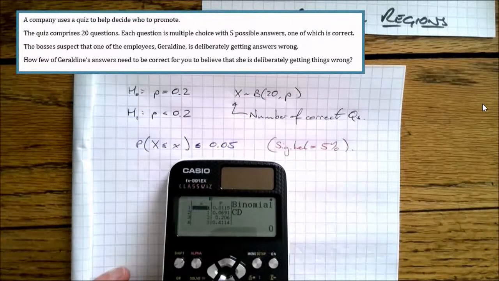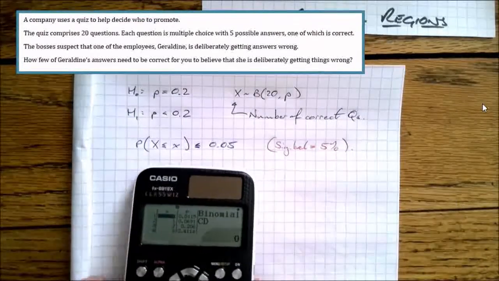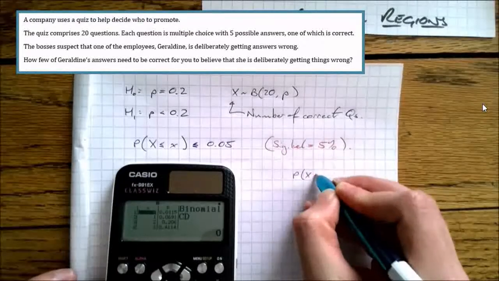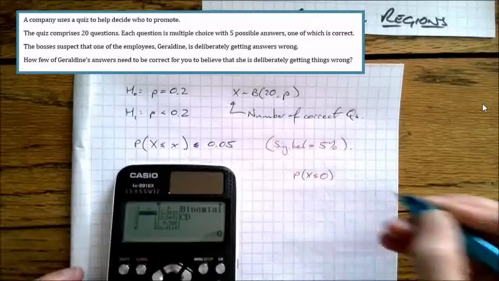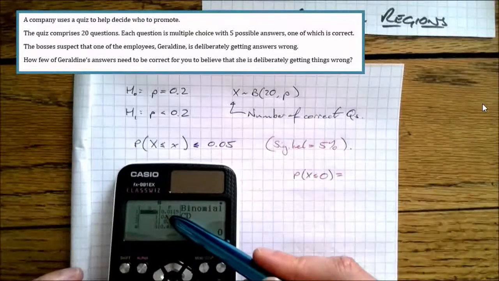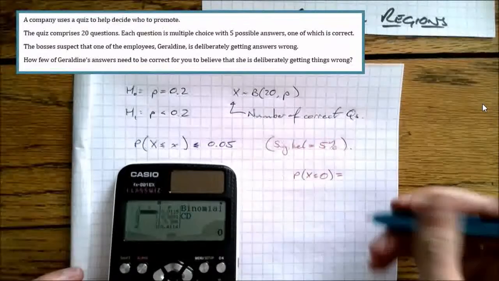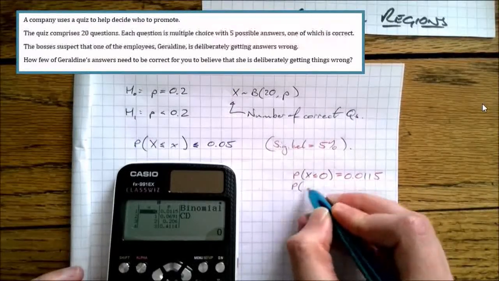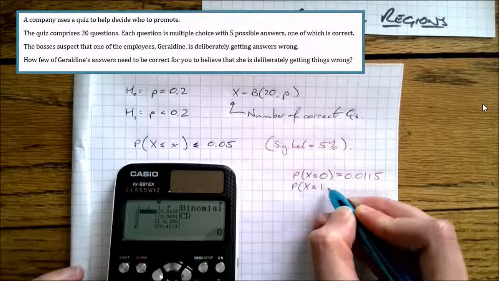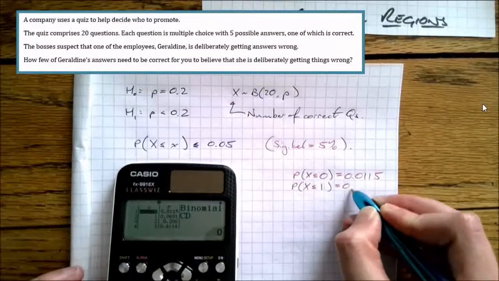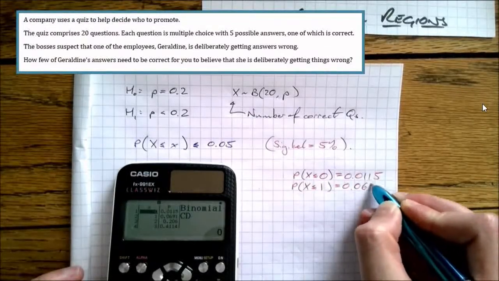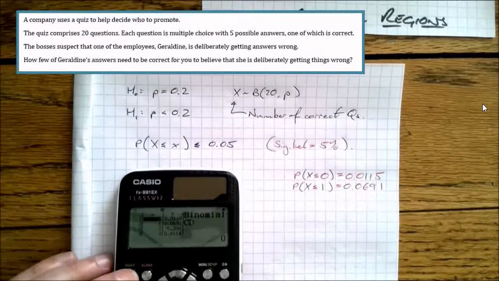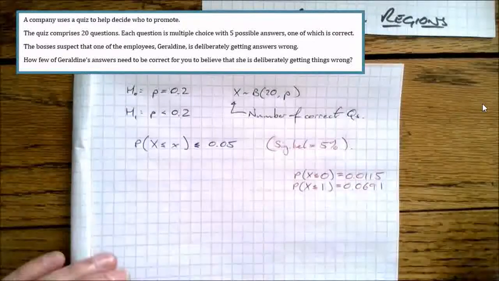So let's write out a couple of these. The probability of x less than or equal to 0, or equals 0, is 0.0115. X is less than or equal to 1 is 0.09691. I think I only need to write down those two because that's already passing the 5%.